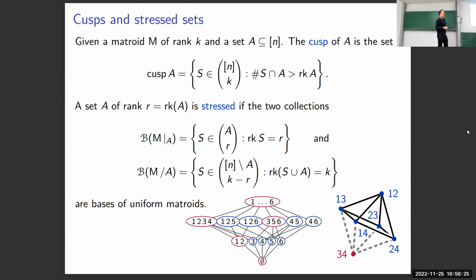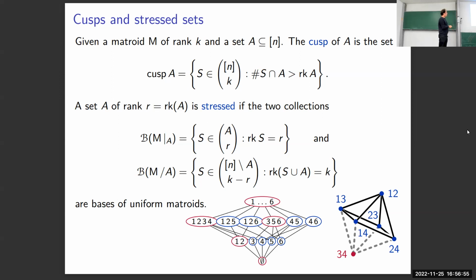Another nice name. I can actually explain where this comes from, and we will see in a couple of minutes. We call the set stress when the restriction, so this subset, the restriction of a matroid is again a matroid, and the bases look like this. So these are all the subsets of A which are independent in A, so A is of rank R, and these are all the R subsets such that the rank is maximum.